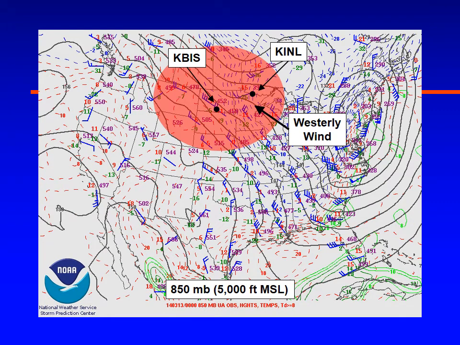Now this is a little bit higher, another 2,000 or 3,000 feet up at 850 millibars, which is about 5,000 feet. And the winds at International Falls are now out of the west, and at Bismarck, they're also out of the west.